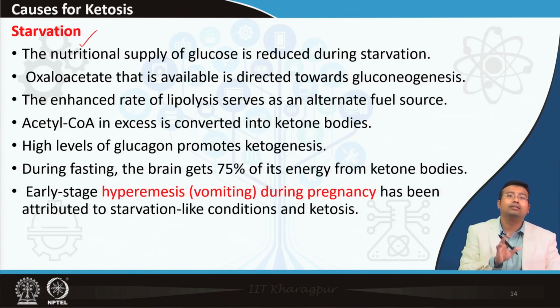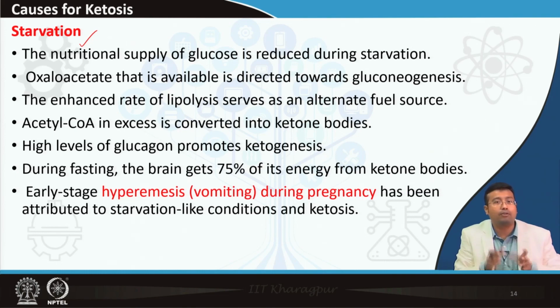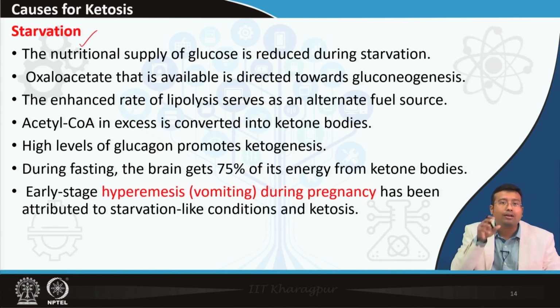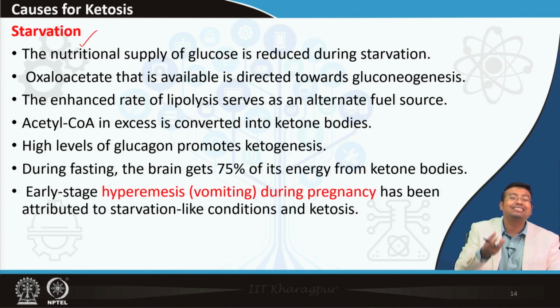But if this is hampered, what happens? TCA cycle is hampered. Why? Again I told you, oxaloacetate, if this is less. Why oxaloacetate will be less? Oxaloacetate will be less because of it being a substrate for gluconeogenesis. Body will be trying to produce more and more glucose.